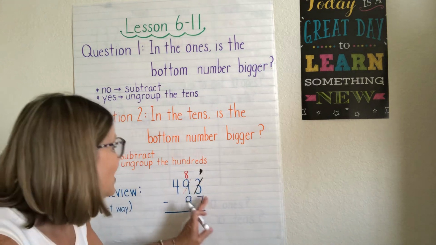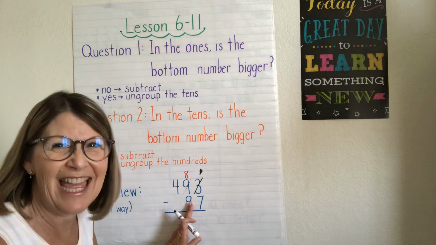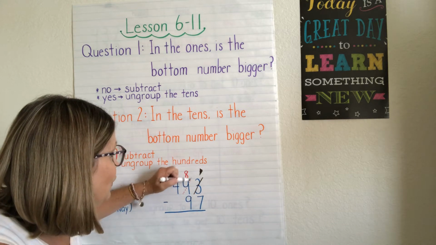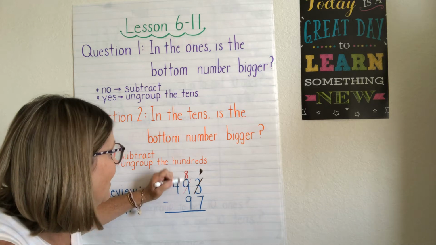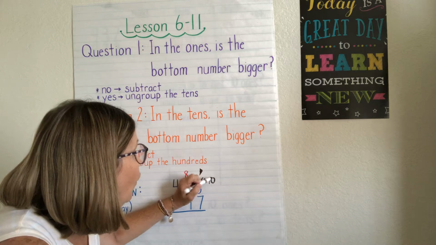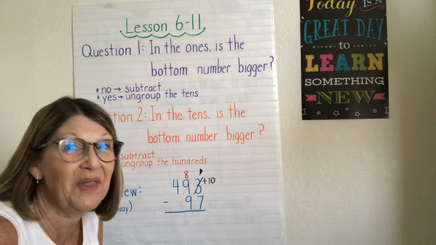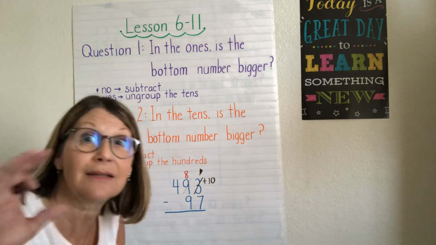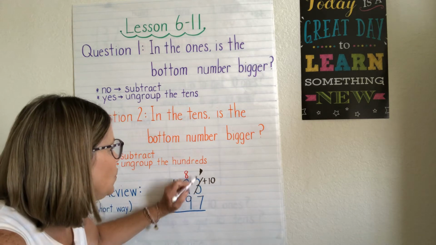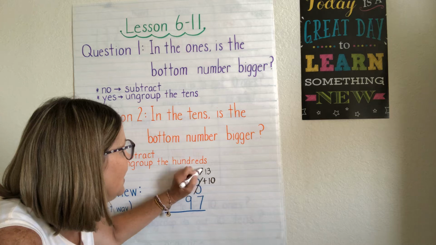It is, so I'm going to go to the tens. In the tens, I'm going to ungroup the 9, make it an 8, and I'm going to bring 10 ones over to the ones. Remember this? Good thing Mrs. L does, because I almost forgot there. Okay, I'm going to add my tens to the ones, and that gives me 13.